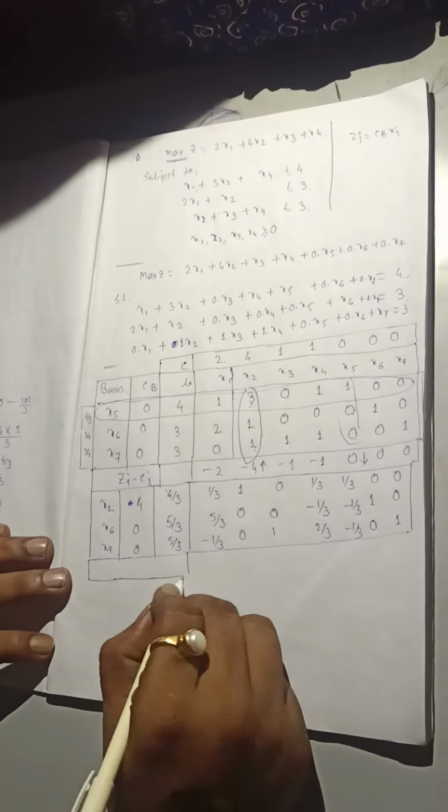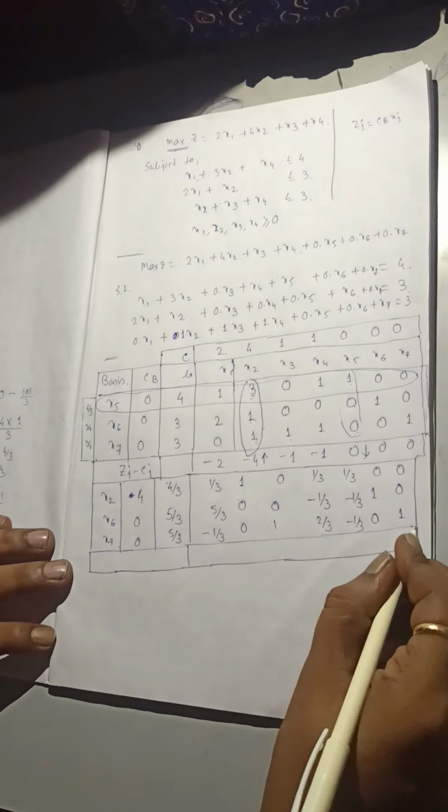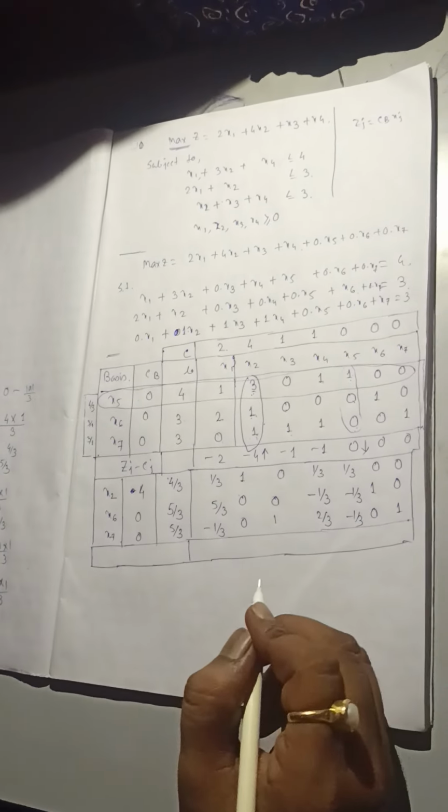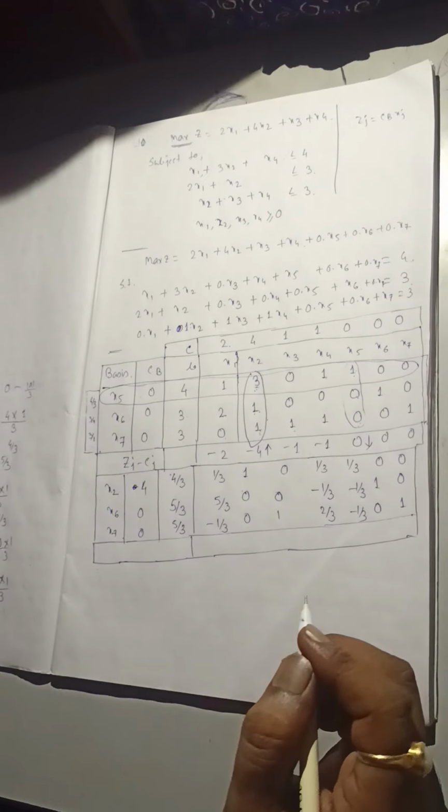So next step, we have to find all Zj minus Cj. If all Zj minus Cj are positive, then we can stop there, right? If all our Zj minus Cj are not positive, then we have to go for the next step. So if I want to find Zj minus Cj, now look here, this vector is non-zero.